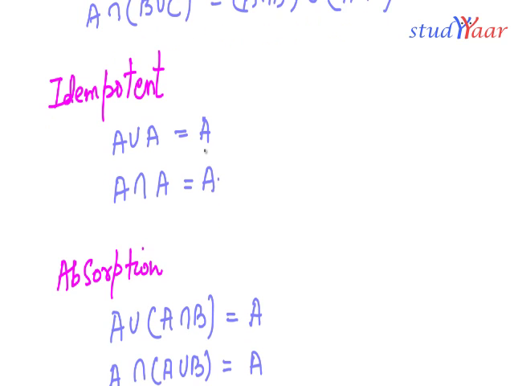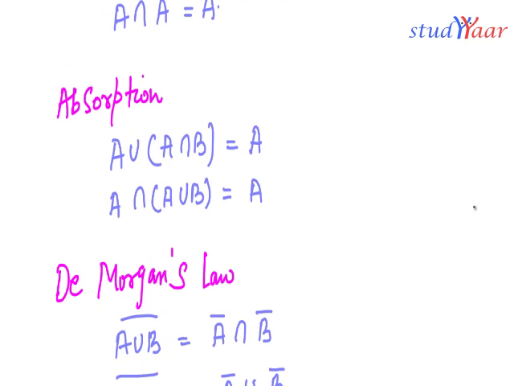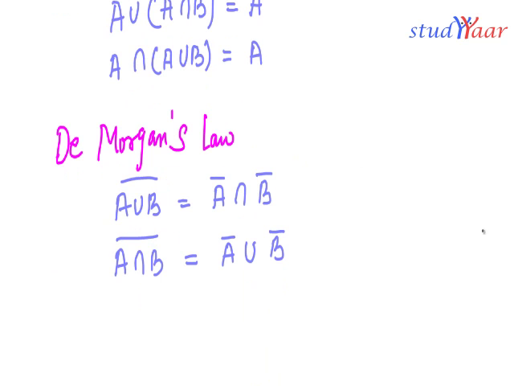Then we have the idempotent law, which says A union A is equal to A, and the same is the case with intersection. The absorption law, which says A union A intersection B is equal to A, okay? And a dual of that, which says A intersection A union B is also equal to A.